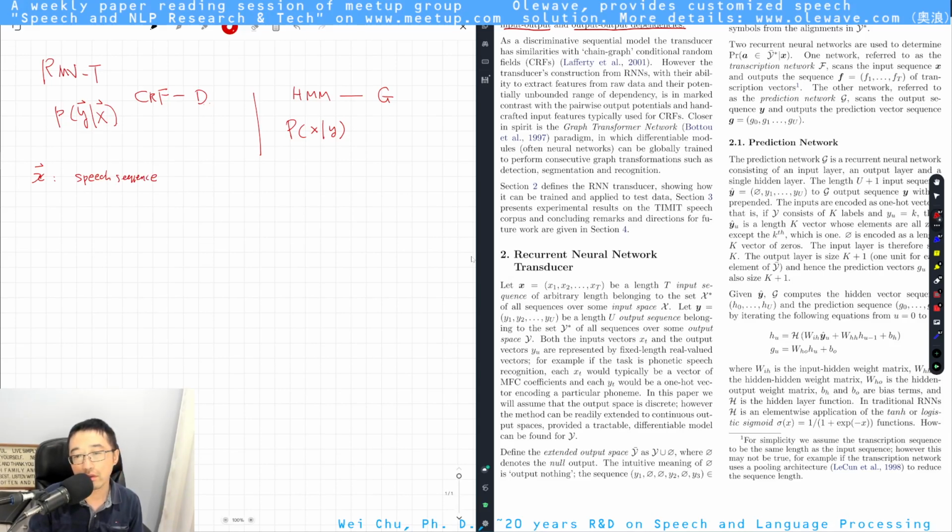I think at his time, people did not usually take the raw speech samples as the input, although nowadays it is very popular to use the raw signal. But at his time, he was talking about the MFCC coefficients.